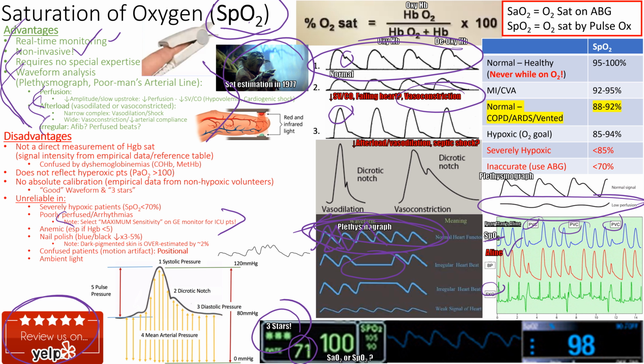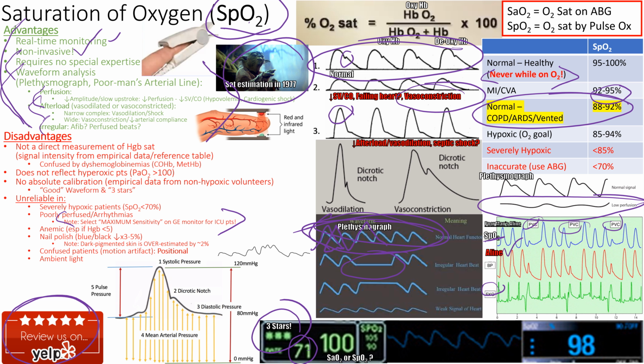So pulse ox's advantages are as mentioned, but what is a good pulse ox? Where should your numbers be? What saturation is a good saturation? 88 to 92. Yeah, so 88 to 92 is usually where everybody should be. If you are more than that, more power to you, that's cool, but we should not be doing more than 95% for someone on oxygen.